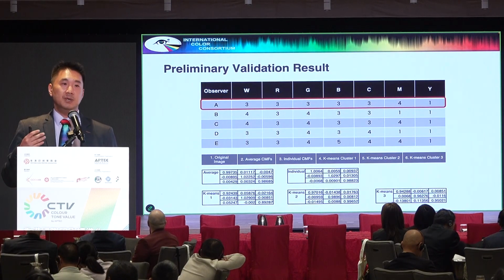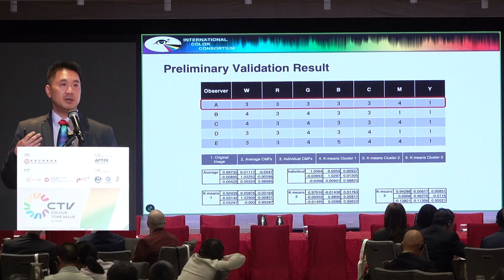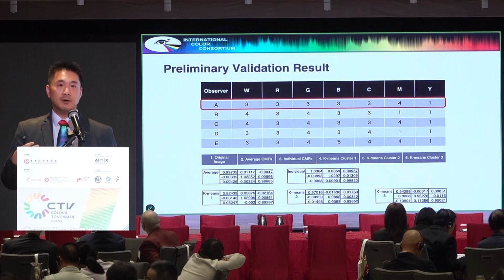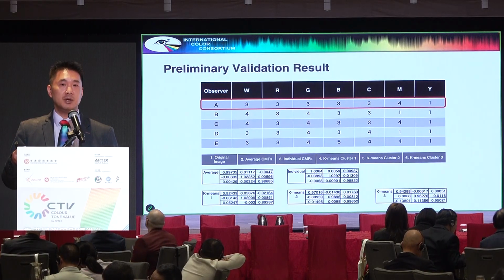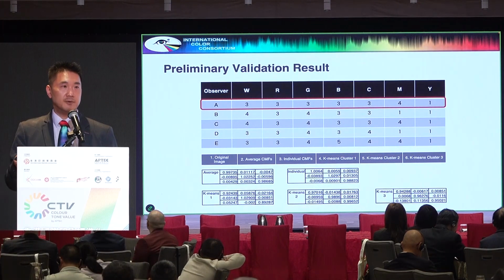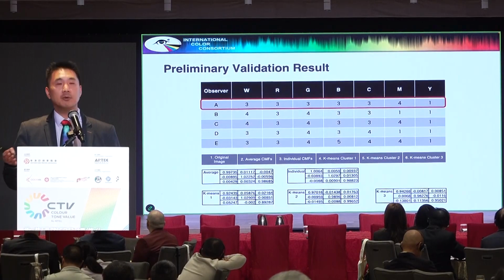It shows that we need a good individual, or at least k-means clustering category, to have a better improvement over what we call the 2 degrees standard observer, for better color matching performance on softproofing for narrowband displays.